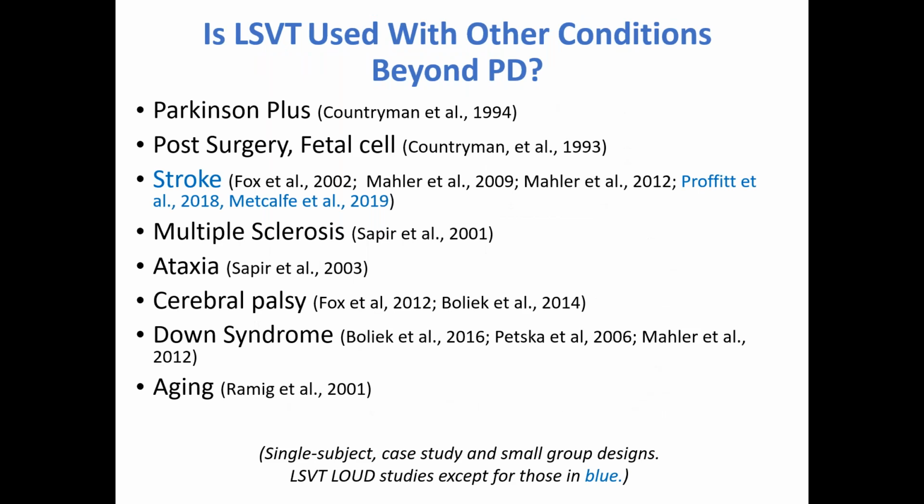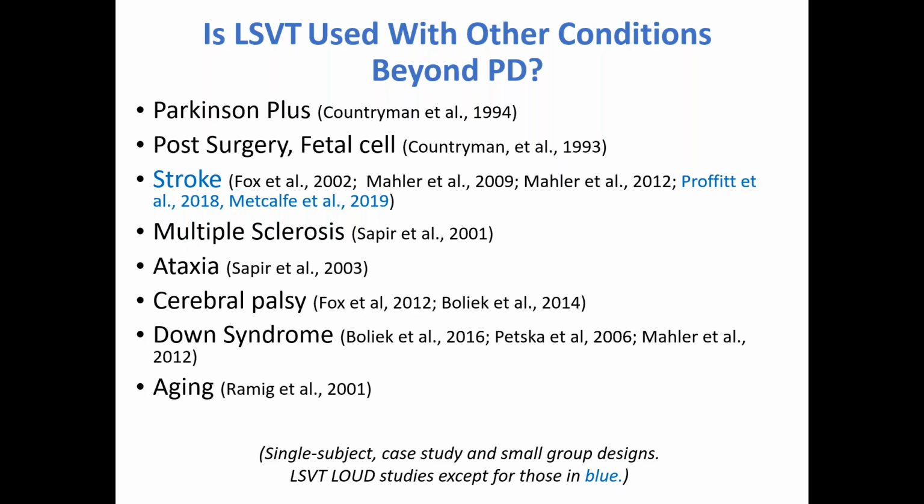Next slide. So people ask us all the time, is there anything else that LSVT BIG or LSVT LOUD can be used for beyond Parkinson's disease? And you can see listed here on this slide for LSVT LOUD, we have some nice research in people who have Parkinson plus or atypical Parkinsonisms, people who have had fetal cell transplant surgery. We have people who have used it with multiple sclerosis, as well as ataxia, cerebral palsy, Down syndrome in younger children, and just in the aging population.